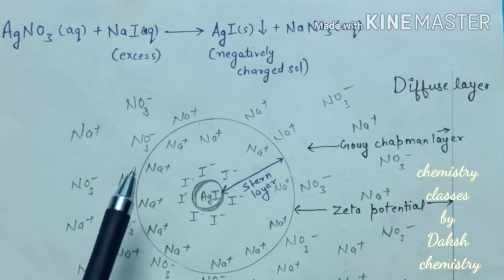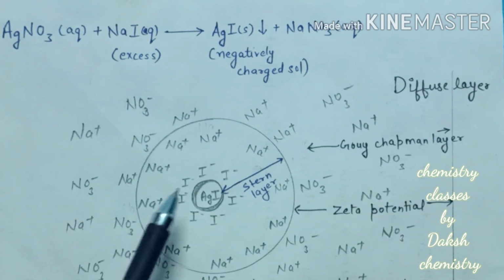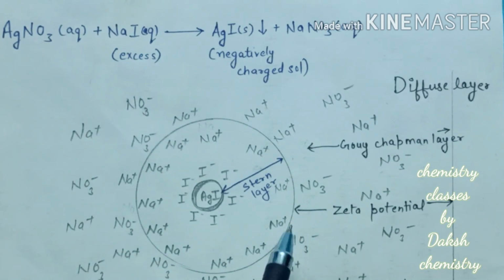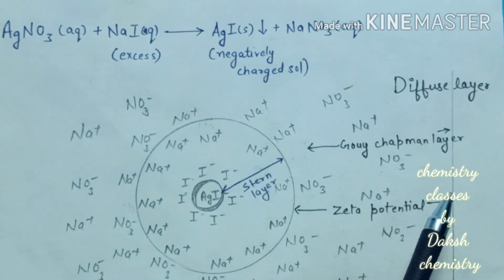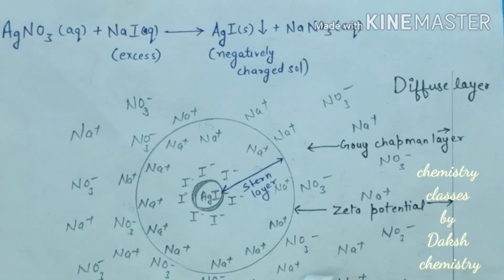Now our Stern layer and diffuse layer, both of them make the Helmholtz electrical double layer. The potential difference between the stern layer, the fixed layer, and the diffuse layer is called zeta potential, and the distance between the stern layer and diffuse layer is called the Guy-Chapman layer.